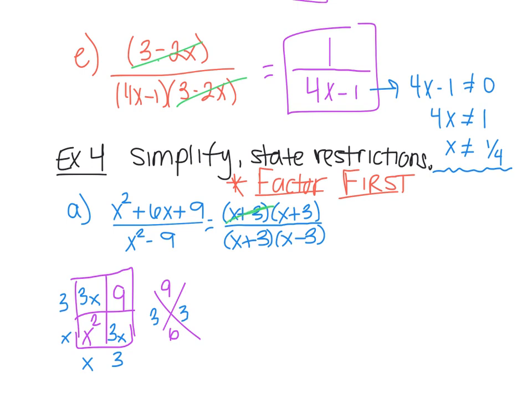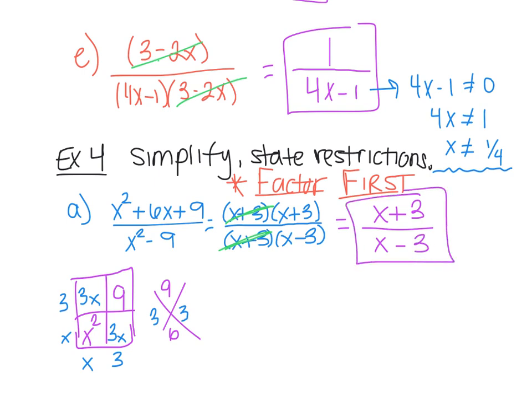So I know that x plus 3 over x plus 3 is 1, and now I've got x plus 3 over x minus 3. Can we cancel anything out there? Can I cancel these x's? And hopefully by now you're saying, no, we cannot cancel those x's because they are in those parentheses. So this just leaves us with our final answer of x plus 3 divided by x minus 3.